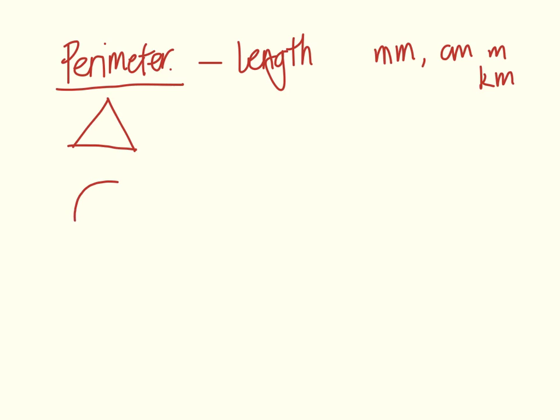When it comes to a circle, we are looking at the circumference. And there's two ways of writing the formula, and it's important that you are very clear about what you are using.